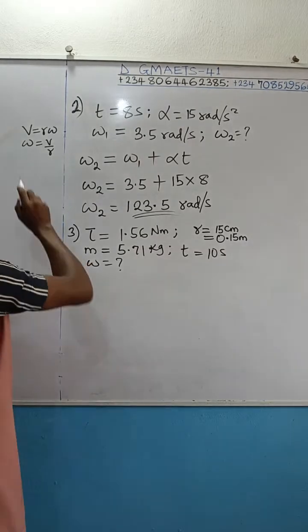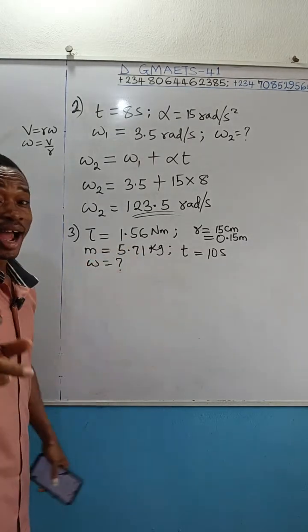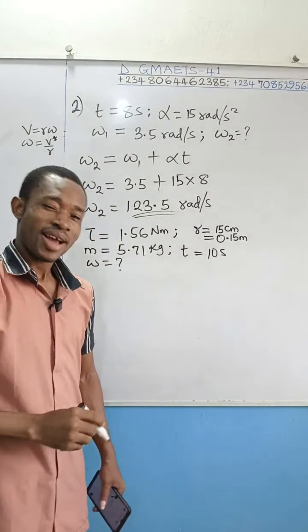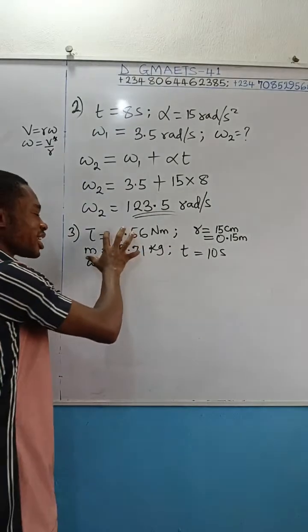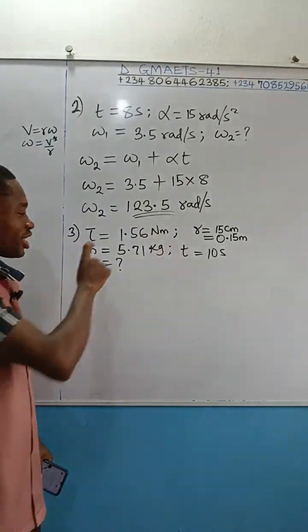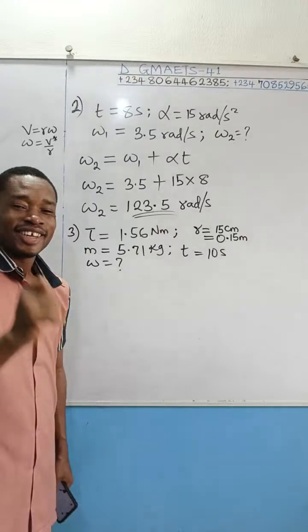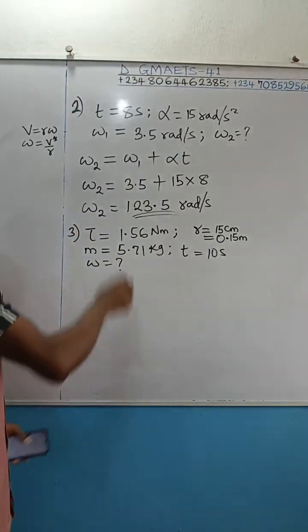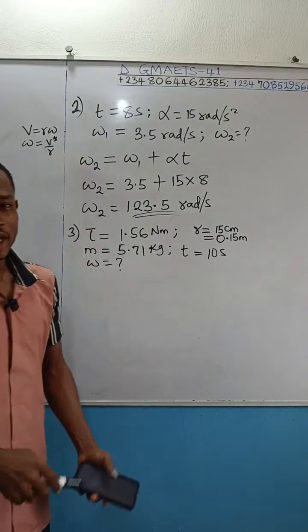If this is the formula I'm going to use, then I have to find a way to get my v, tangential velocity. However, looking at the data presented, it is really not possible as it stands to obtain the value of v. Do you get that right?